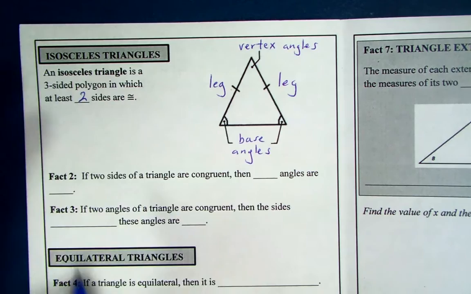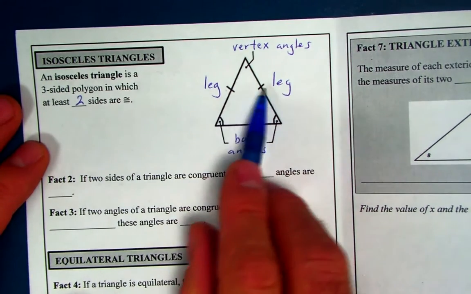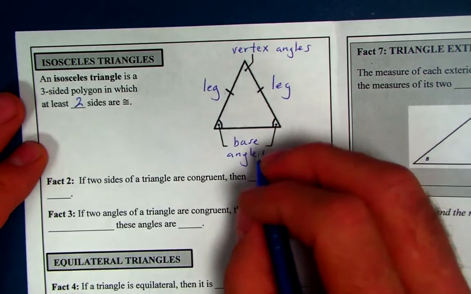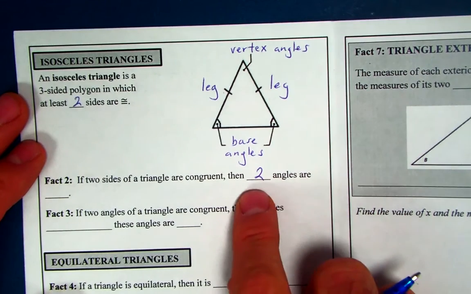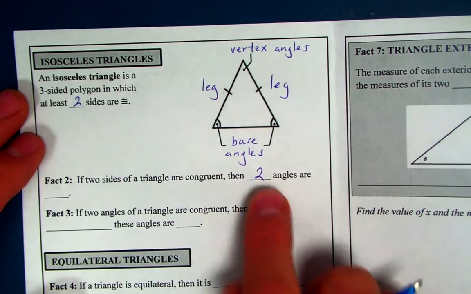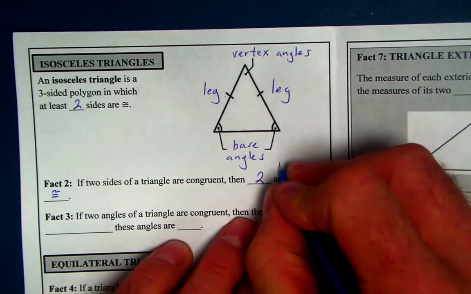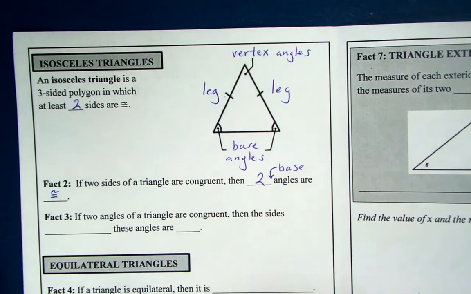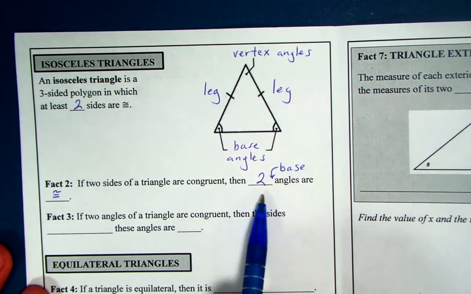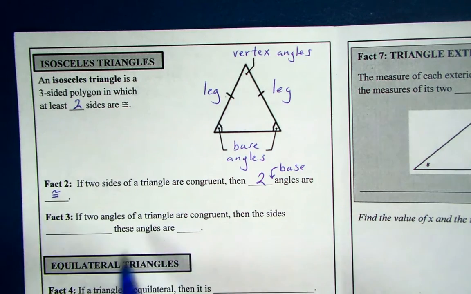Okay, so fact number 2: if 2 sides of a triangle are congruent, then the 2 base angles are congruent. Oh, that should say 2 base angles. Maybe we should write that in. And the converse is true.